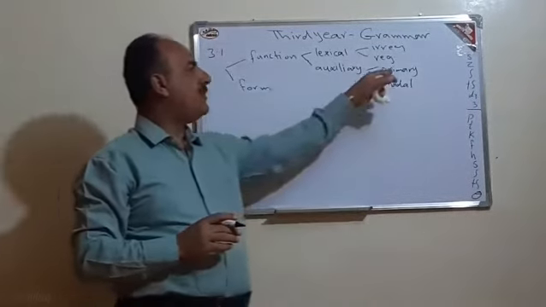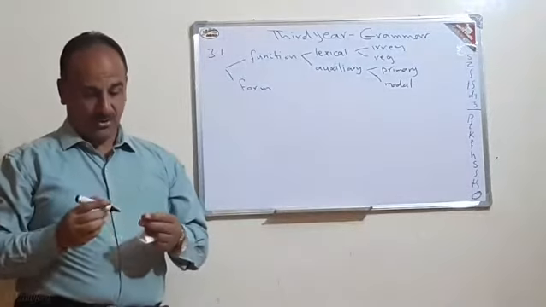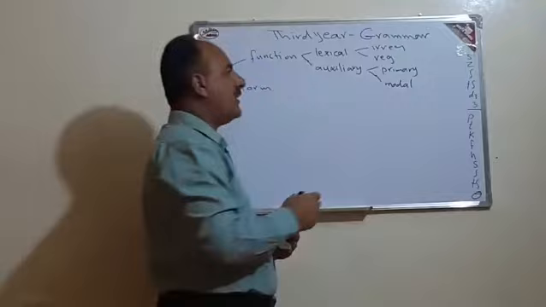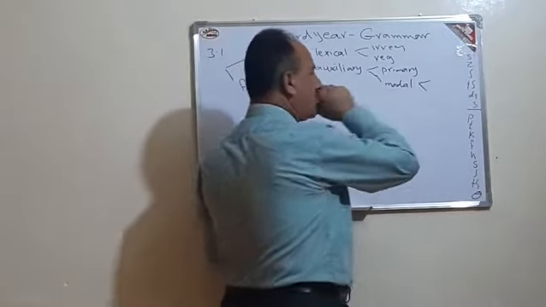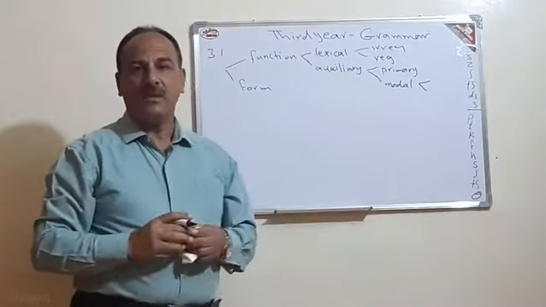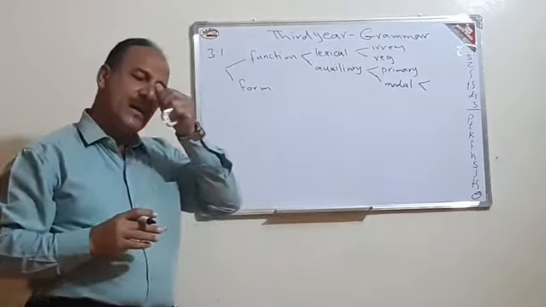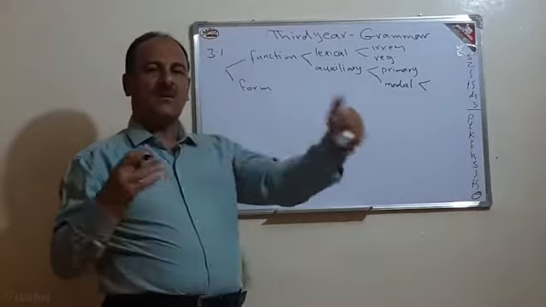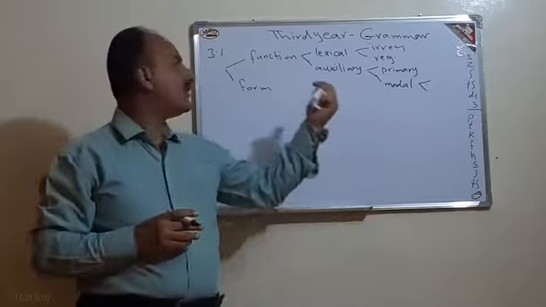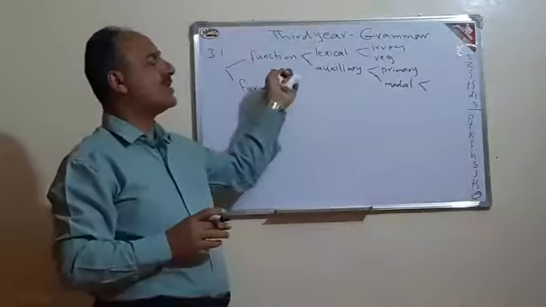In turn, the primary can be divided into have, do, or be. And the modal can be divided into main modals and marginal modals. Sometimes we have another classification according to the structure. This is according to the first criterion, according to the function.